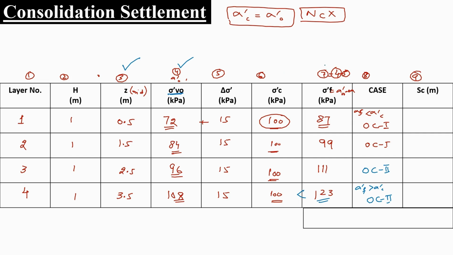Then determine the final stress for each midpoint by adding both of these values. This is given. And now the important final task is to determine the case. If you determine the case wrongly, then your question automatically will be wrong. Now we have determined the cases. Now we will apply the formula for each point.